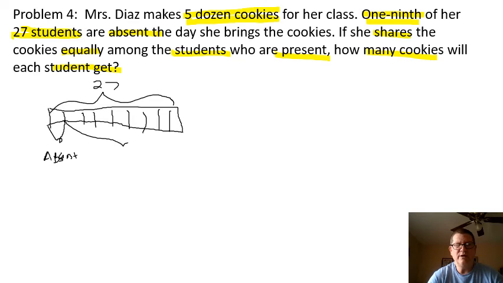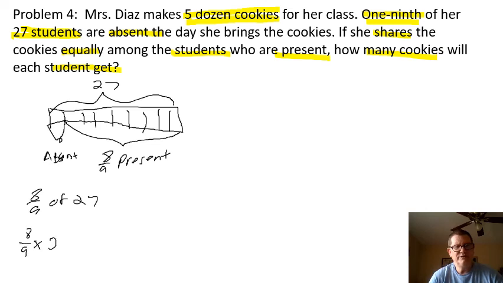So I know then that 8/9 of our students are present. So I want to know what 8/9 of 27 is. Oh, you remember, 8/9 of means multiplication.